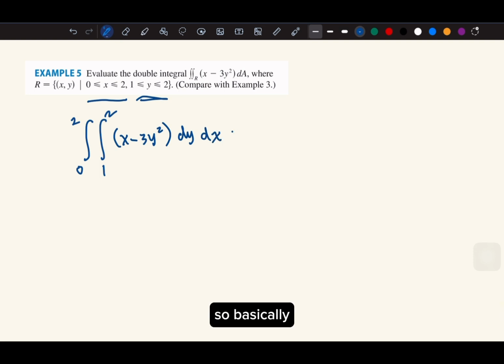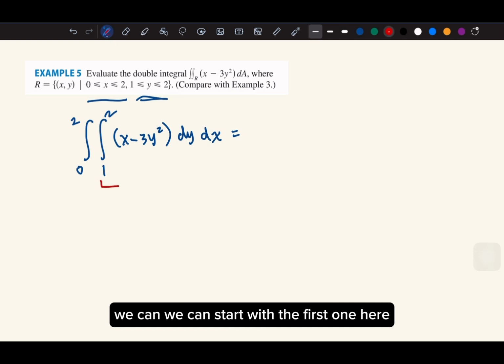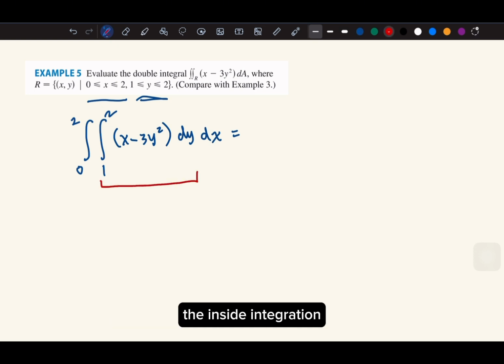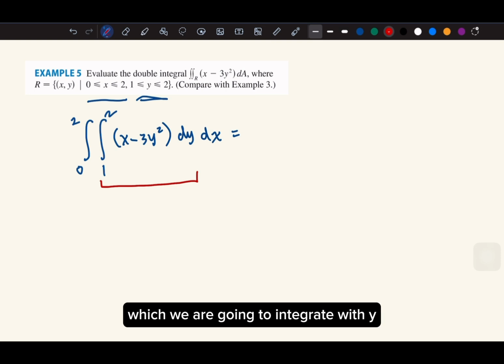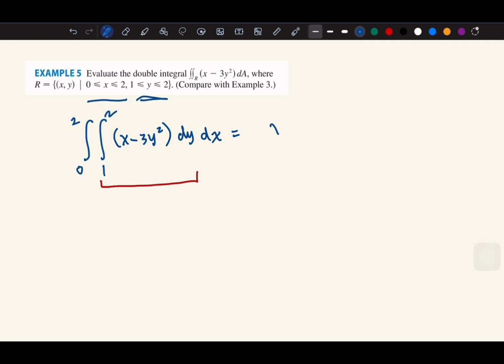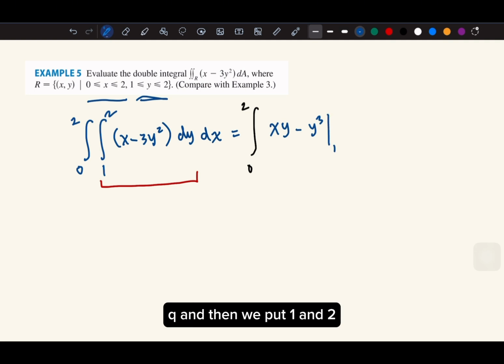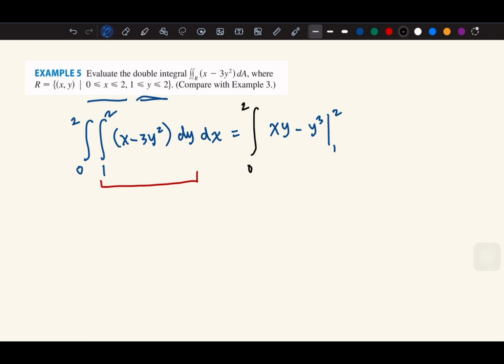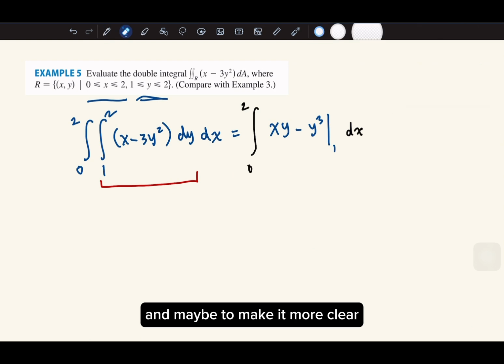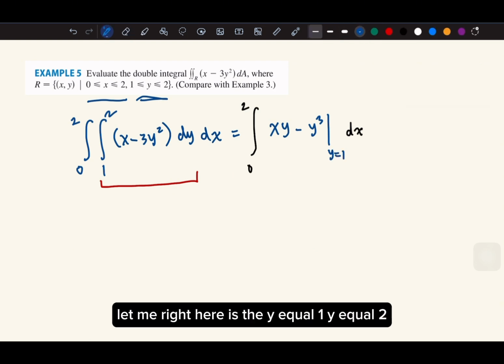So basically, we can start with the first one here, the inside integration, which we are going to integrate with y. So you will see that we have it become xy. So let me write, we still have 0, 2. So inside is xy, and then y cubed, and then we put 1 and 2, and we still have the x right there. And maybe to make it more clear, let me write here is y equal 1, y equal 2.